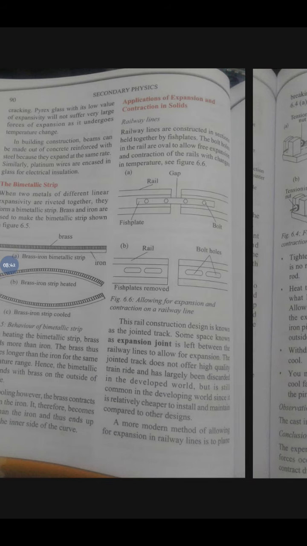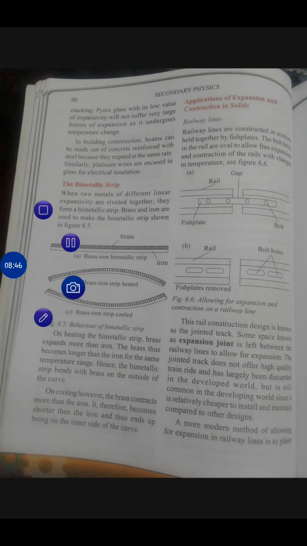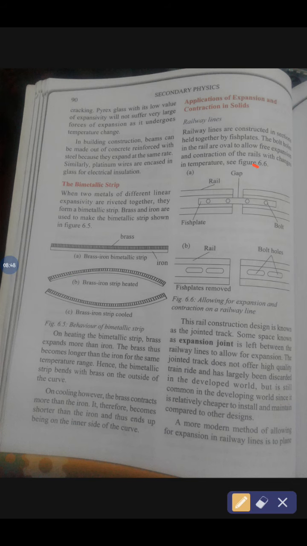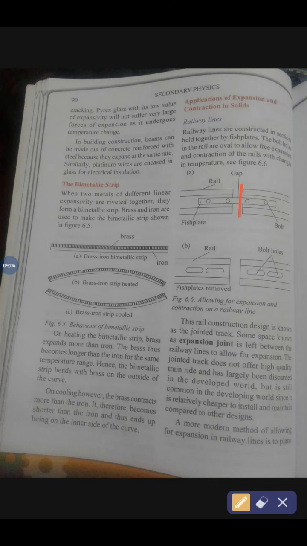This is how railway lines are made. If you look at the two, we have two rails. There's one rail here and there's another rail here. Now between these rails there's a gap. This gap is very important because it allows the space for expansion.